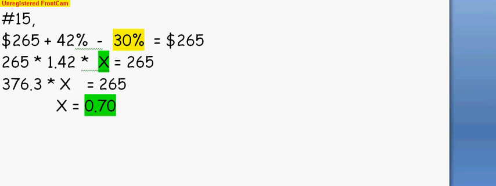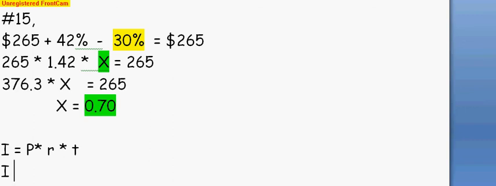Last one, number 16. Randy opened a savings account with $850. If the account earned 5% simple interest, what was the balance after 3 years? Okay, so this is interest equals the principal times the rate times time.